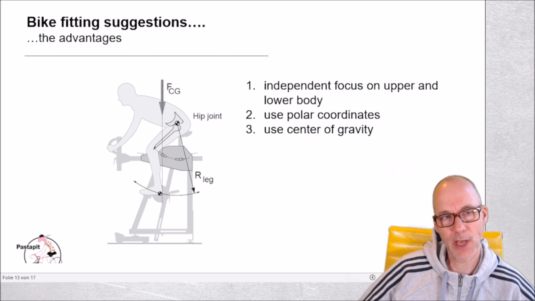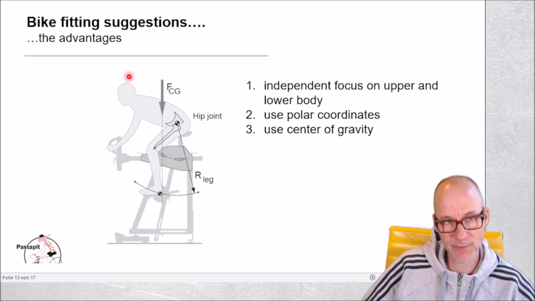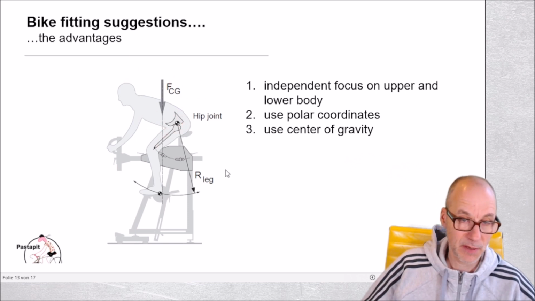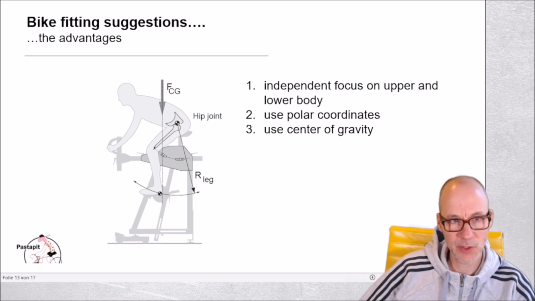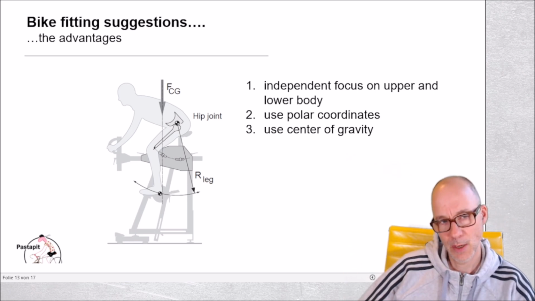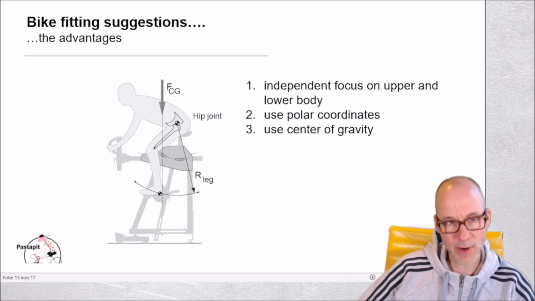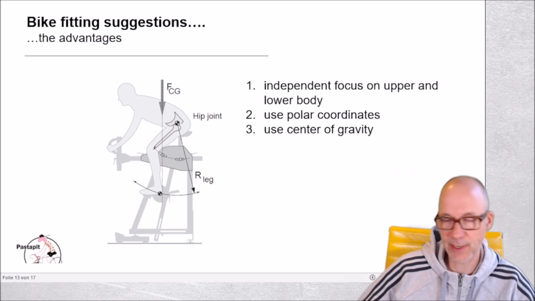But I'm giving you the chance to use the position of the center of gravity as well, because if you have a lot of experience with different riders, you may say, okay, my philosophy is like, I want to bring the center of gravity 20 millimeters in front of the bottom bracket, something like that.